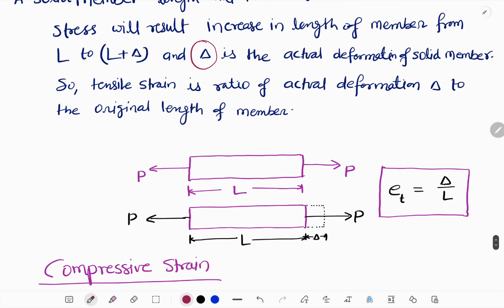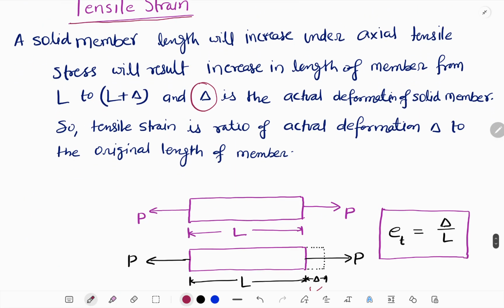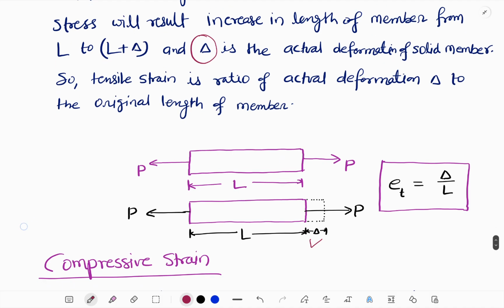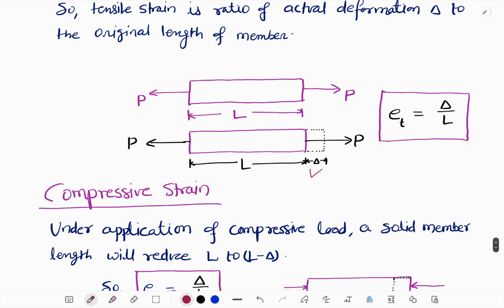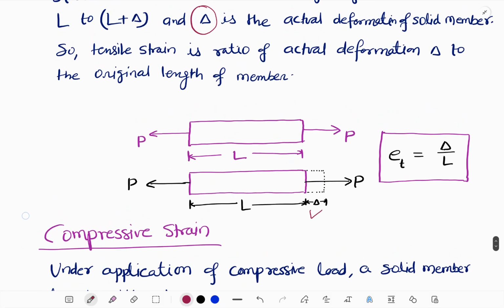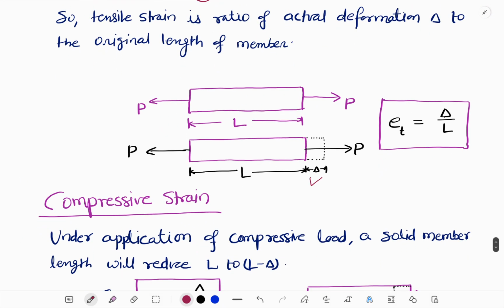As a tensile force is applied, tensile stress is produced and the length of the member increases by delta. In the same way, here tensile load is applied, so epsilon T is equal to delta by L. This is how we can define the tensile strain, produced due to tensile force or tensile load at the end of the solid member.